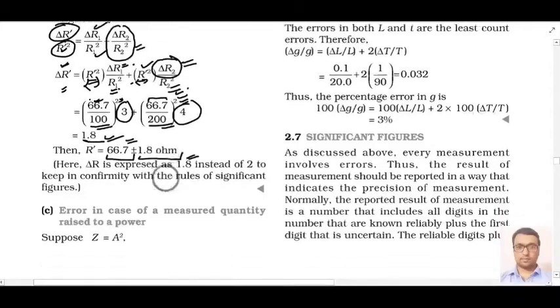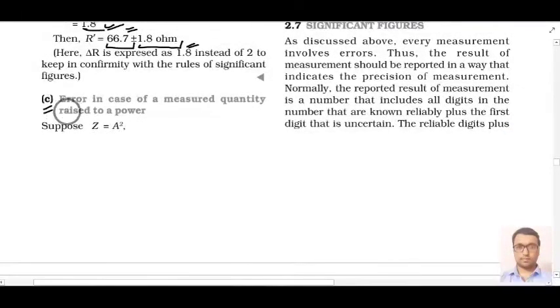Okay, so now we have the third category, how to find error. In this category, suppose your physical quantity is given in the form of a raised power, that is Z equal to A square.